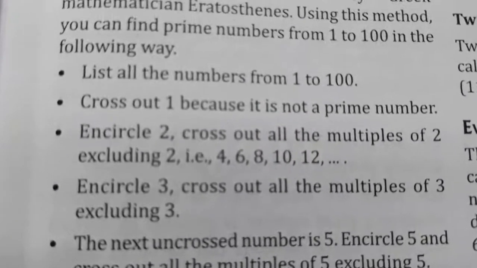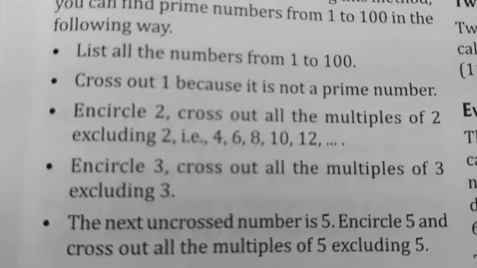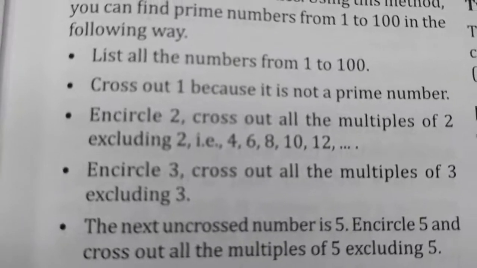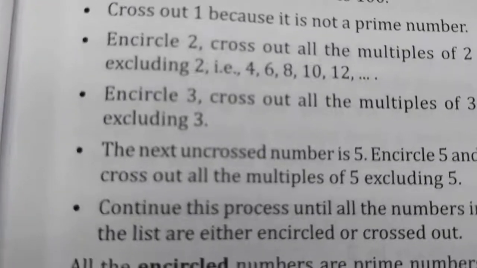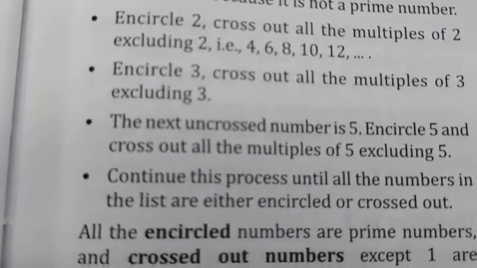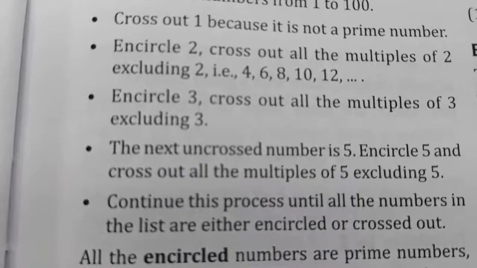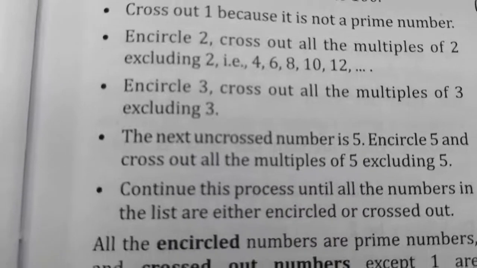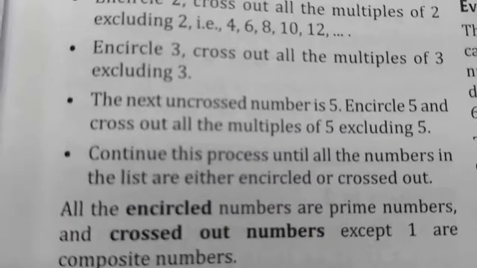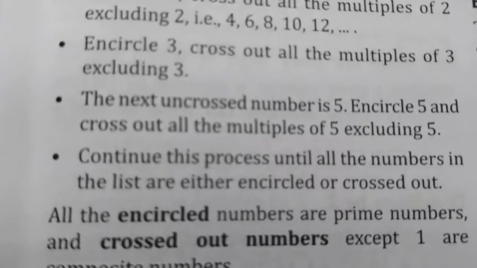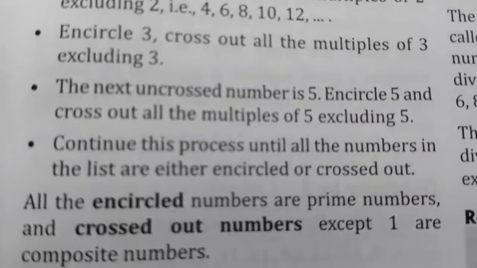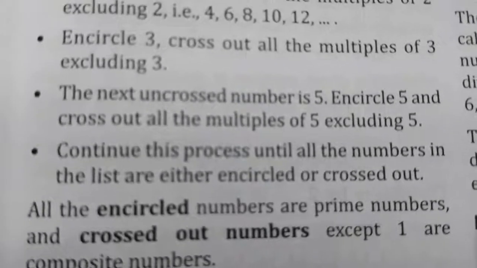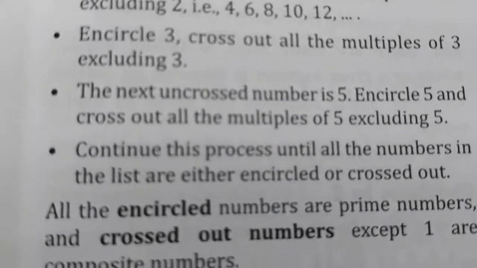The next uncrossed number is 5; encircle 5 and cross out all the multiples of 5, excluding 5. Continue this process until the numbers in the list are either encircled or crossed out. All the encircled numbers are prime numbers, and the crossed out numbers, except 1, are composite numbers.